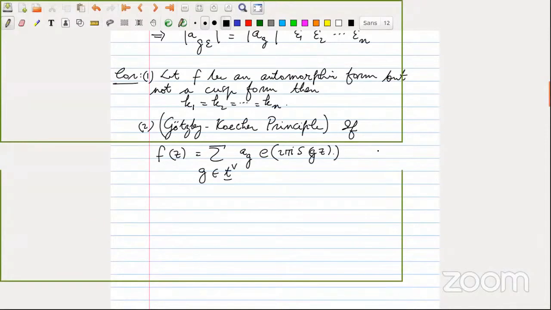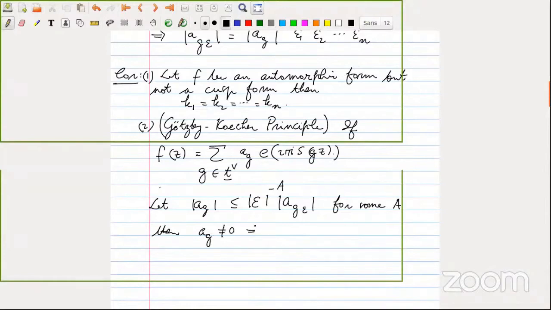We need all those conditions. Then you assume that a_g has some growth bound on the Fourier coefficients, for some constant a. Then a_g not equal to 0 implies g is greater than or equal to 0.